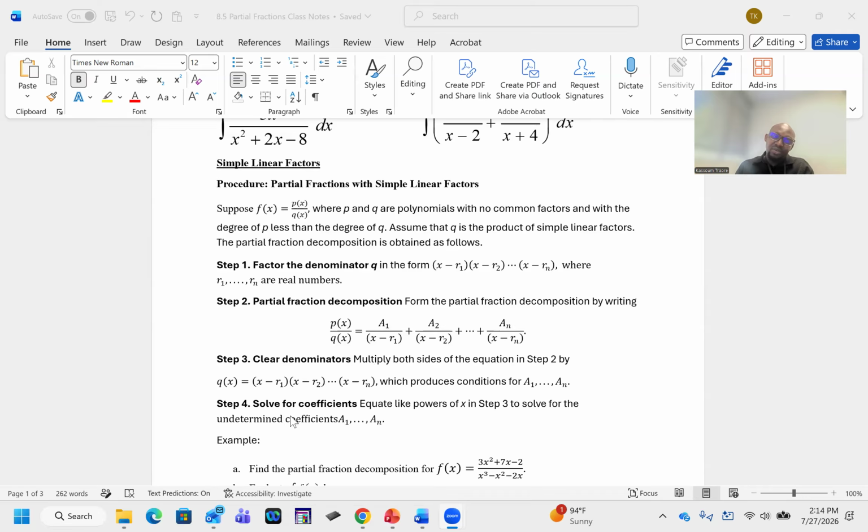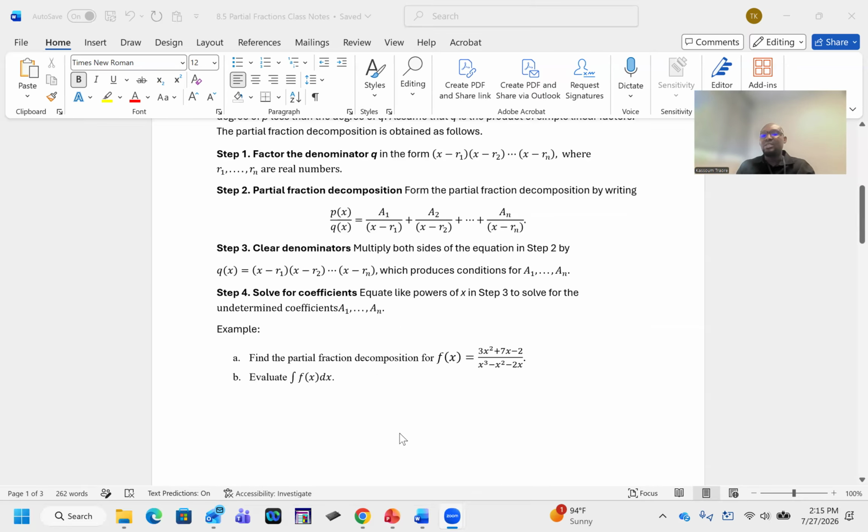And then step 4, solve for the coefficients. What do you mean? You set equal the terms that are equal. You compare the powers of x and the coefficients. So equate like powers of x in step 3 to solve for the undetermined coefficients a1 to an. There is also a shortcut which I will show you at the end.